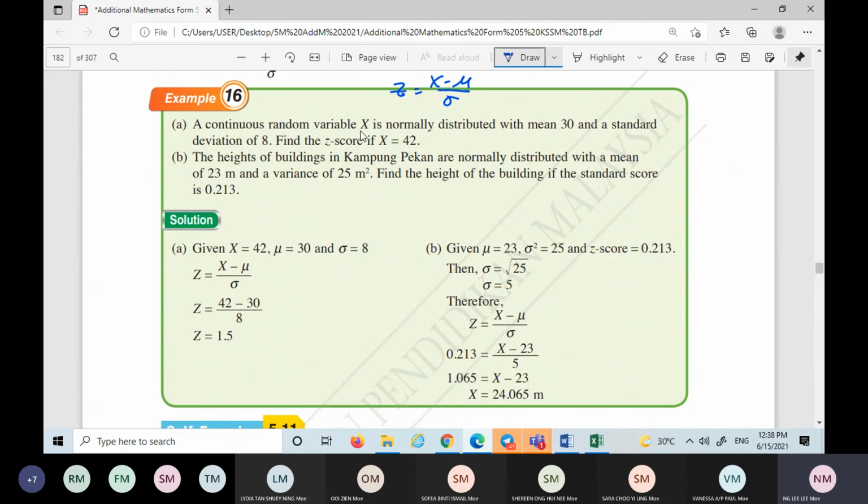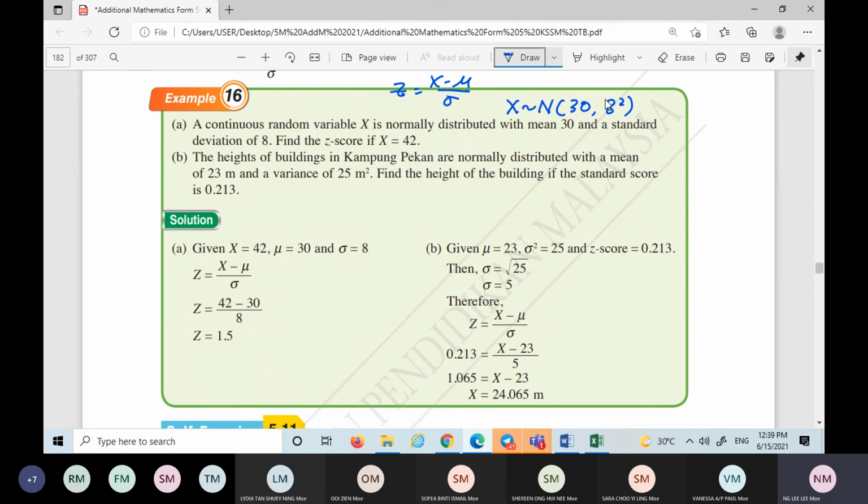A continuous random variable X is normally distributed with a mean of 30 and a standard deviation of 8. Find the z score if X equals 42. If I want to write it out with the notation, this is a normal, 30 is the mean, standard deviation is 8, but here you have to write the variance, so you write 8 squared.